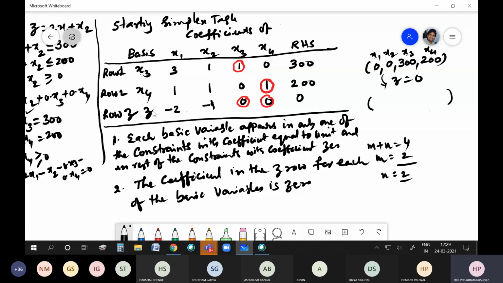Now -2 and -1 are there, so which one can I send into the basis, x1 or x2? Let me pose a question: by sending which of these variables, x1 or x2, will I increase my objective to a maximum extent?